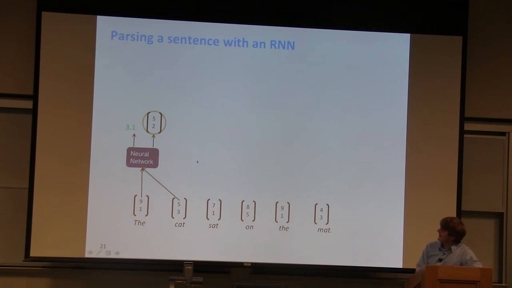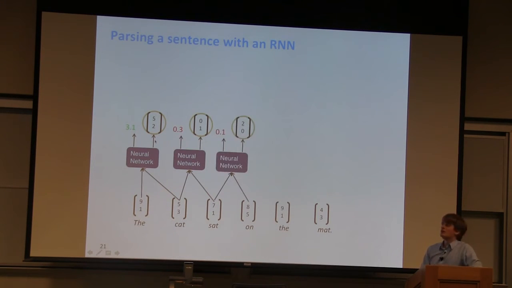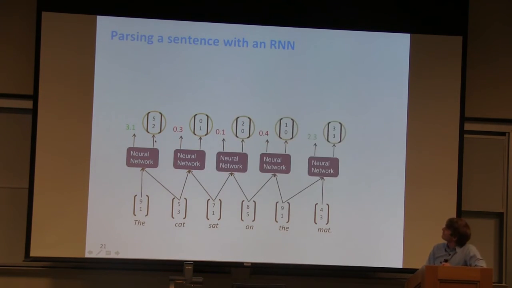We'll have this neural network, the same W weights, and we'll apply this for every possible combination of two words. And we would just say, all right, the cat is a very obvious noun phrase. Cat sat doesn't seem like a plausible phrase. Neither sat on or on the, but the mat, again, is an obvious noun phrase, so it gets a high score.